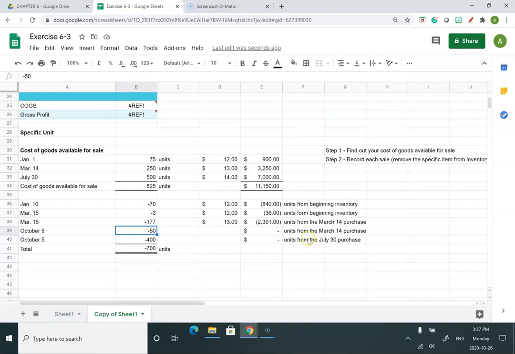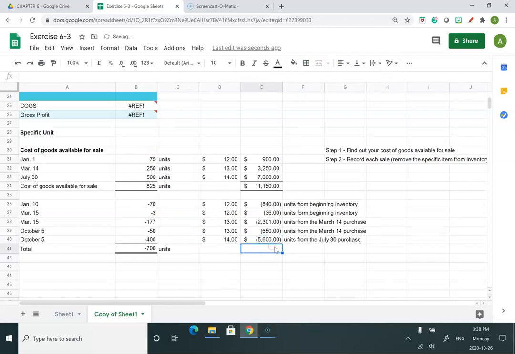October 5th, these 50 were from March 14th purchases. So the purchase price on March 14th was $13. And then the 400 was from July 30th. And July, we purchased those at $14 per item.